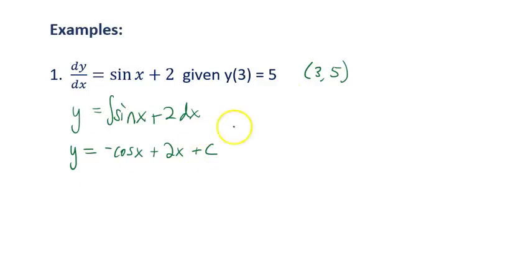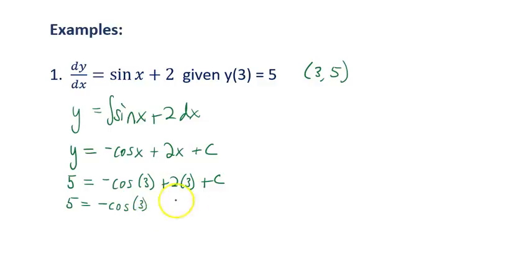So once you have that figured out, then you're going to use the given information to figure out what c is. So they gave us an x of 3 and a y of 5. So I plug the 5 in for y and the 3 in for x. And I'm going to solve that information and get c. So I'm going to hold off on this cosine because 3 is not from our unit circle.